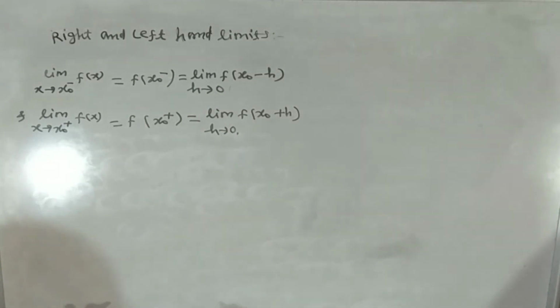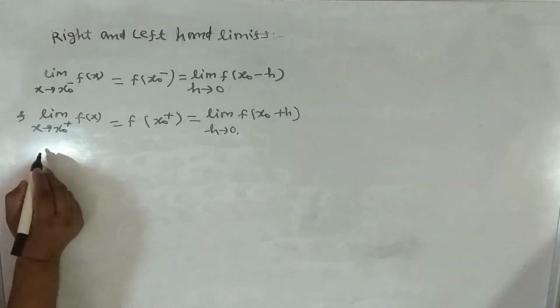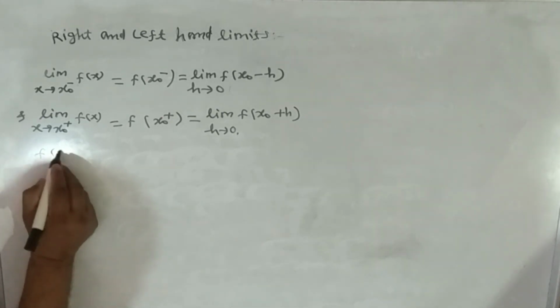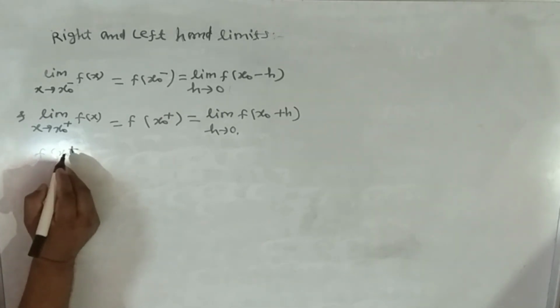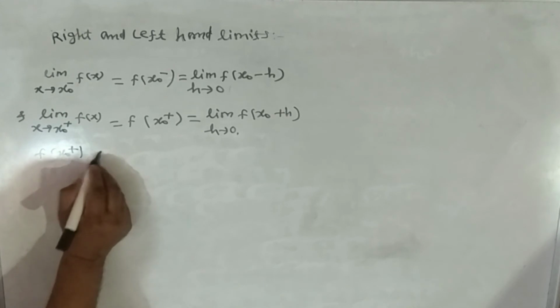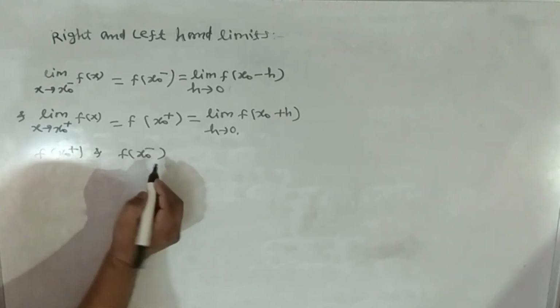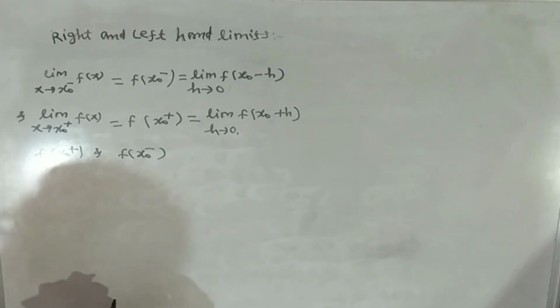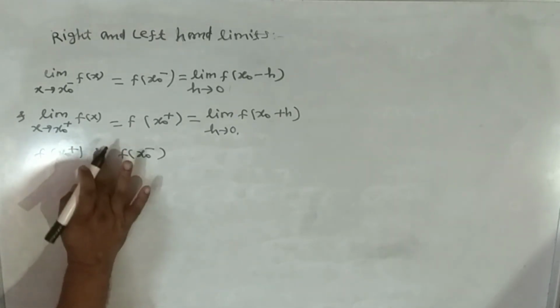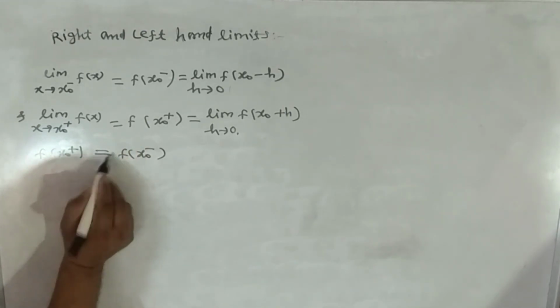Now, the limit of a function f of x exists at x0 if both the limits, f of x0 plus and f of x0 minus, exist and these are equal.